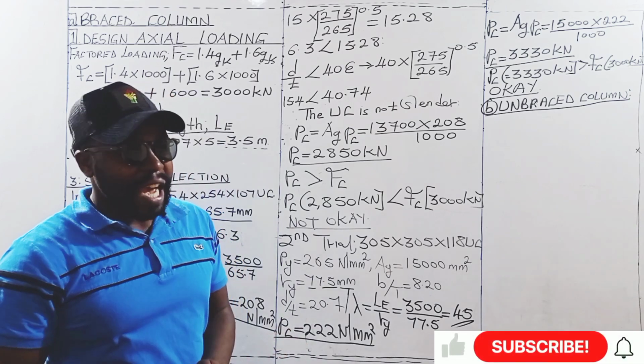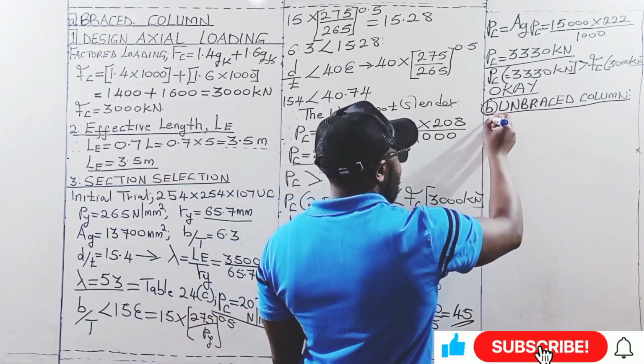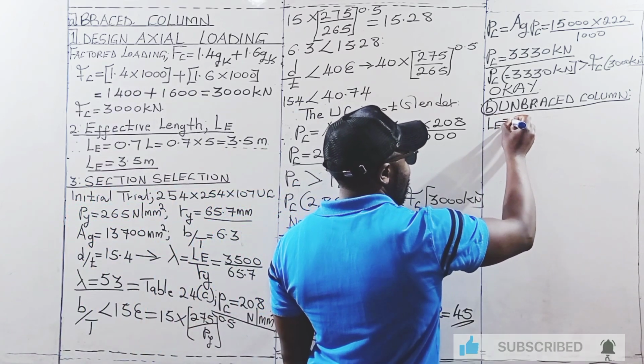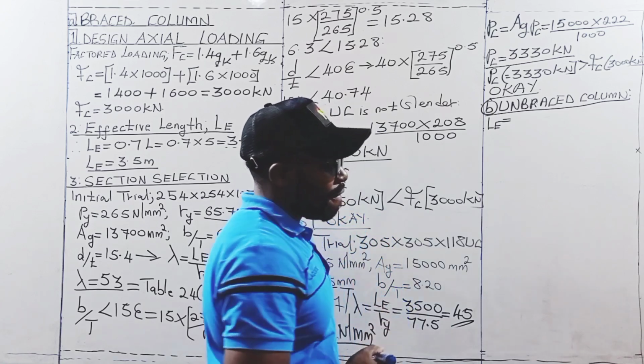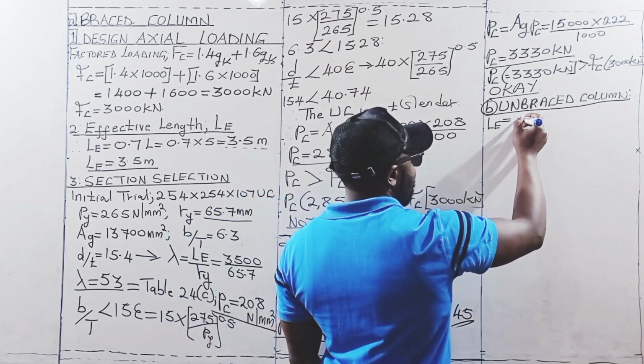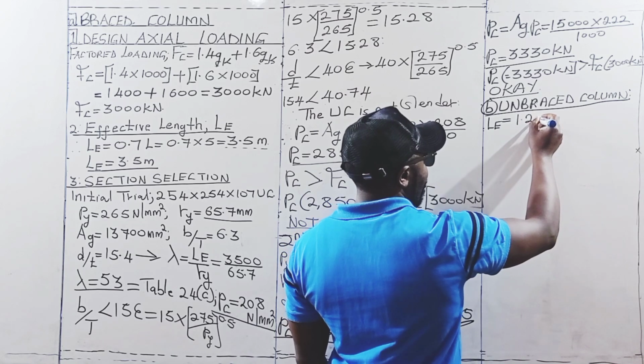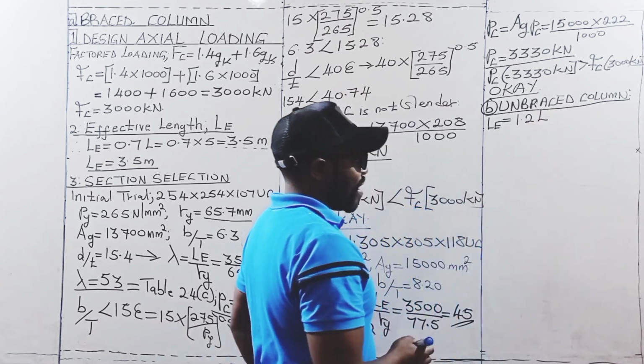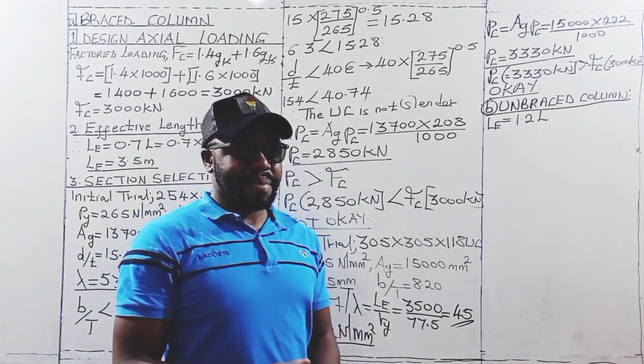So for the unbraced column, its effective length, the BS 5950 states that the effective length will be given by 1.2 times the length. That is when the column is unbraced.